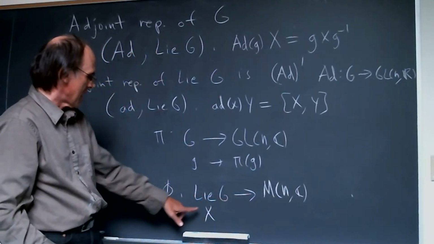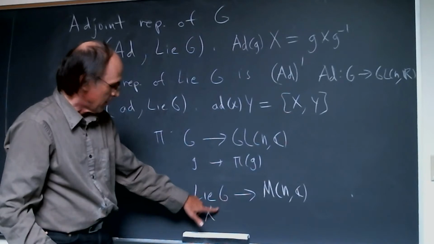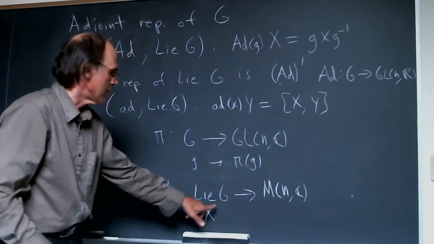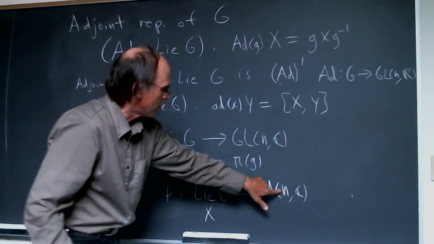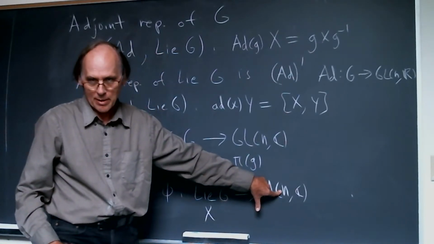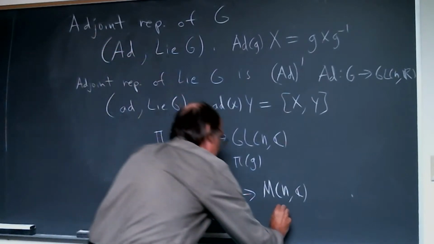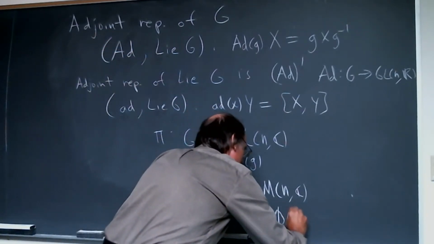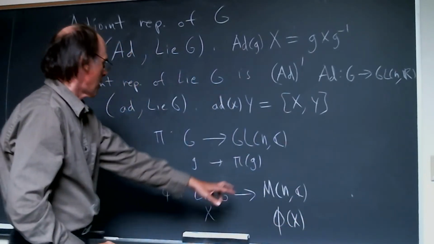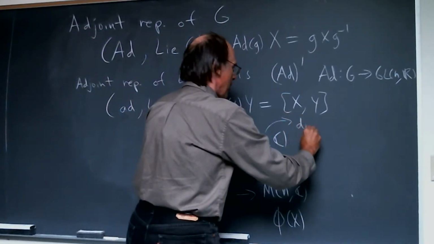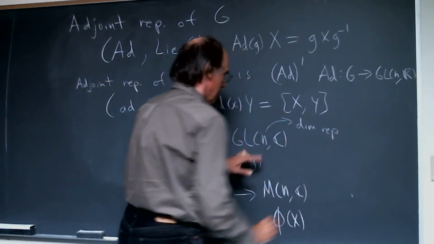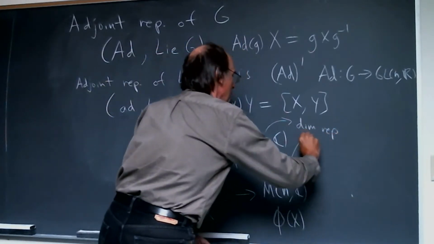Okay, so a Lie algebra representation is taking any element of the Lie algebra and giving you an operator on an n-dimensional complex vector space, a matrix which is phi of X. Here n is the dimension of the representation, and same thing here.